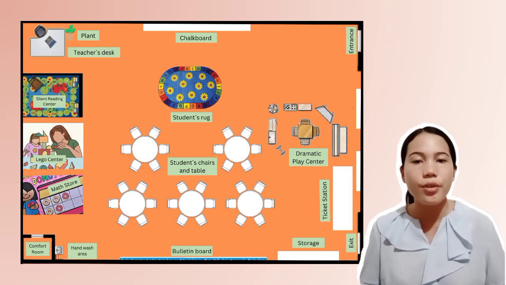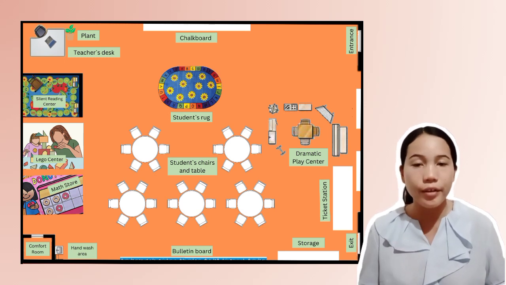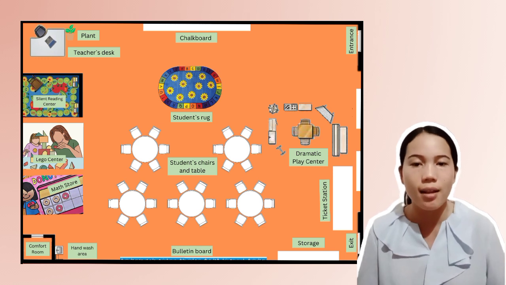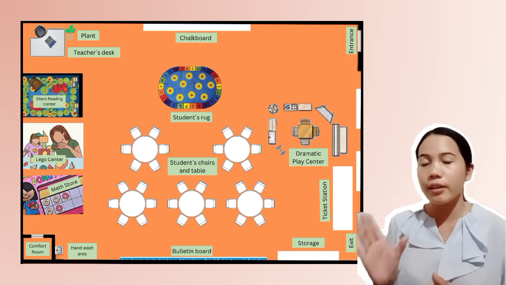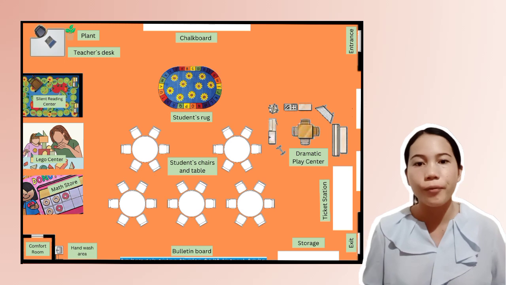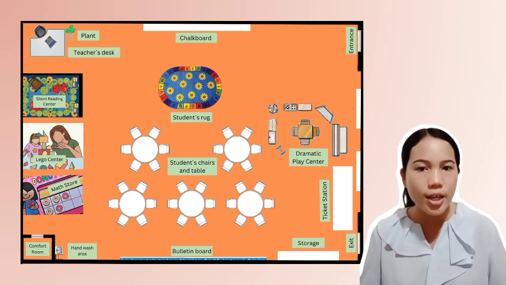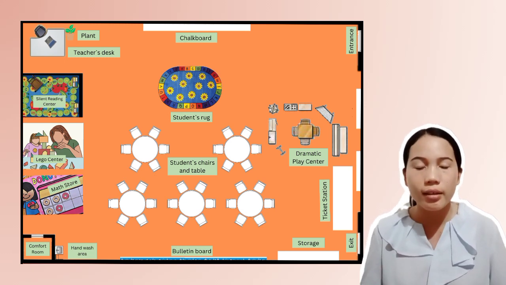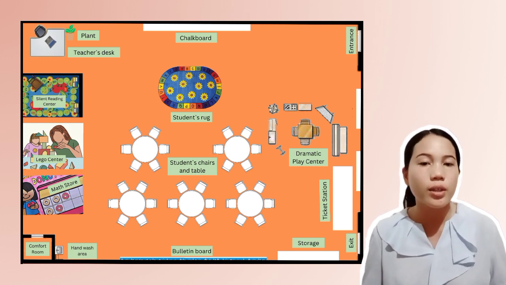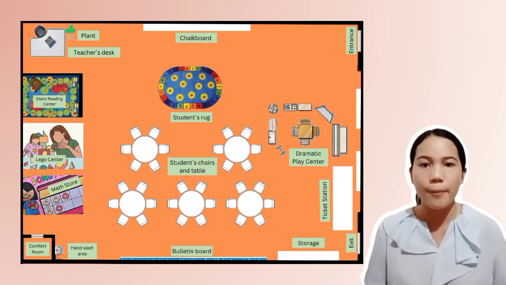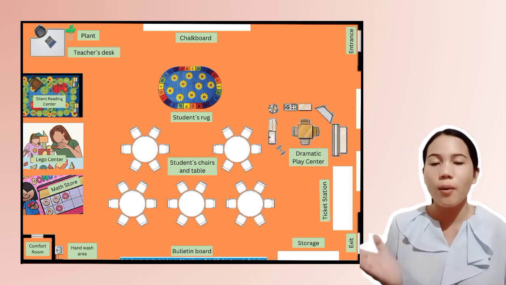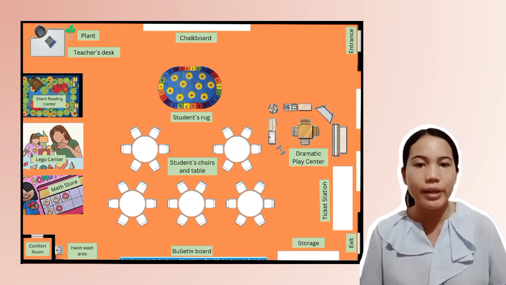As you can see, there are 30 chairs for pupils that will cater Mrs. Maru's 30 learners in total. So in different areas, there are areas for linguistic intelligence, bodily kinesthetic intelligence, naturalistic intelligence, spatial visual intelligence, and etc. There is also a comfort room for the students.